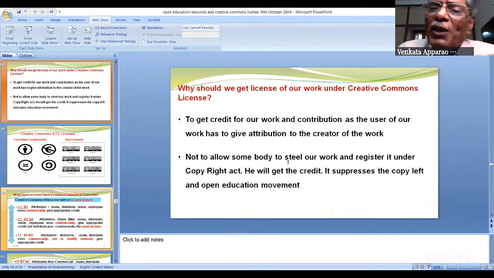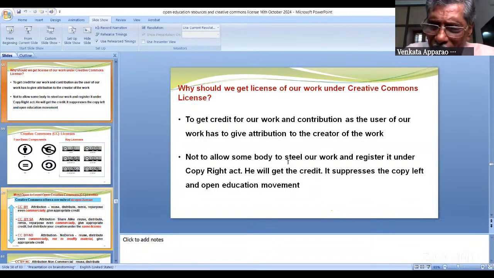To get credit for our work and contribution, as the user of our work has to give attribution to the creator of our work. That is the first point. You are not getting any material benefit, but you should be recognized for your work. That is there in human nature. Of course, there are people who don't need that also, but that number is less.